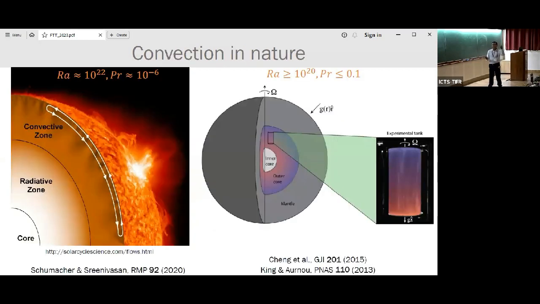As you just saw in the last talk, this is solar convection, operating at very high Rayleigh number and very low Prandtl number. On the right, we have convection in Earth's outer core, where planetary magnetic fields are thought to be generated by vigorous convection in the outer core, which is basically liquid metal.